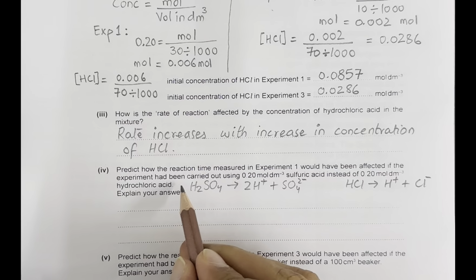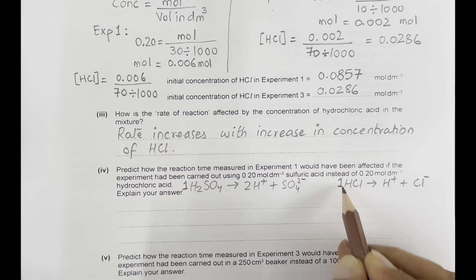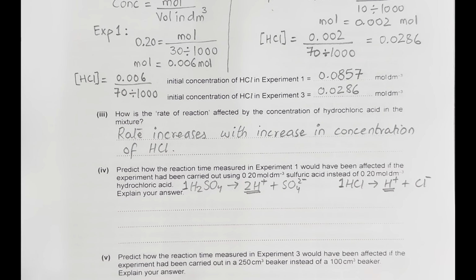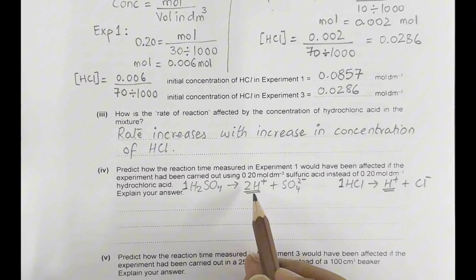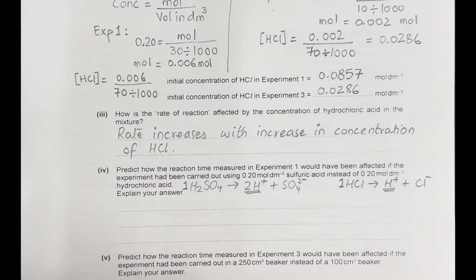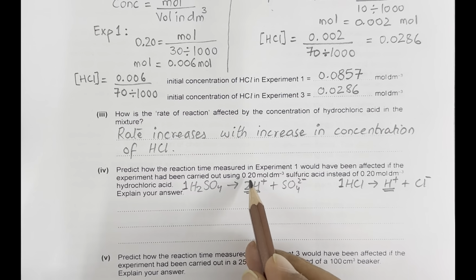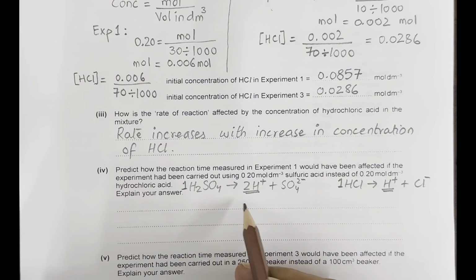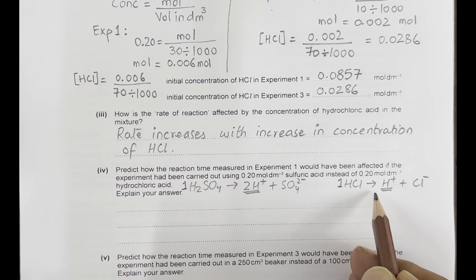It means for every mole, sulfuric acid is giving you double H plus as compared to HCl. So sulfuric acid gives a higher concentration of H plus in the solution, which means the rate will of course increase. In clear calculations, we can see double. So the rate with H2SO4 is double the rate of reaction with HCl.